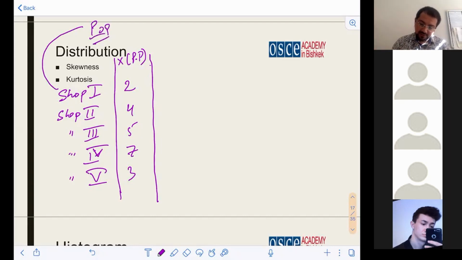Therefore, I have to calculate the mu, not the mean. The only difference: calculation the same, concept different. Very good, calculated the mean. So what is the total of x? This one.